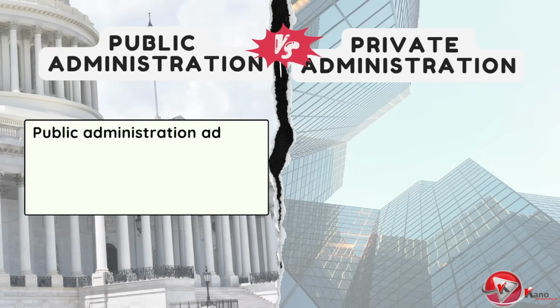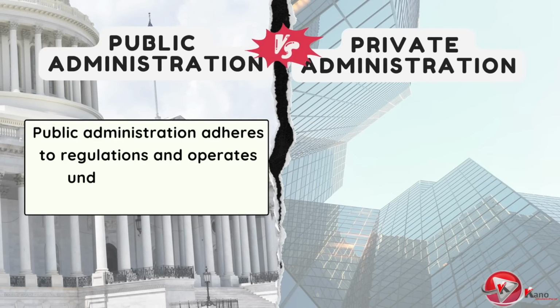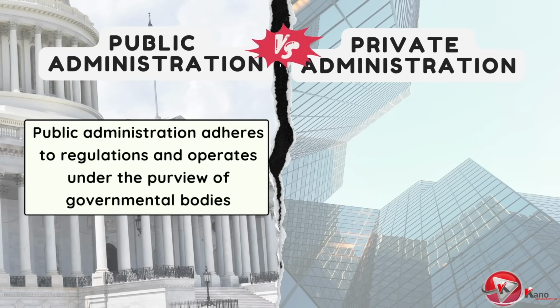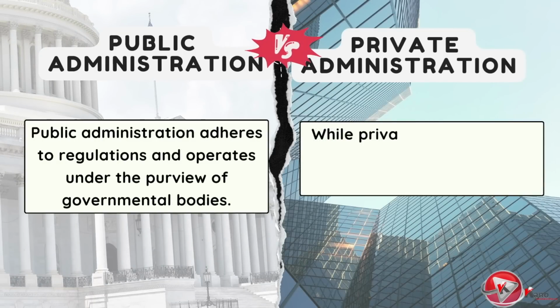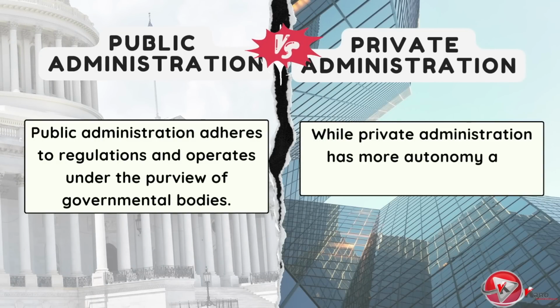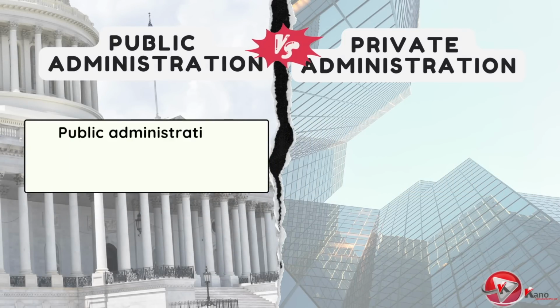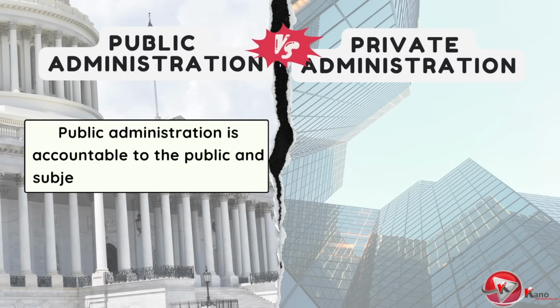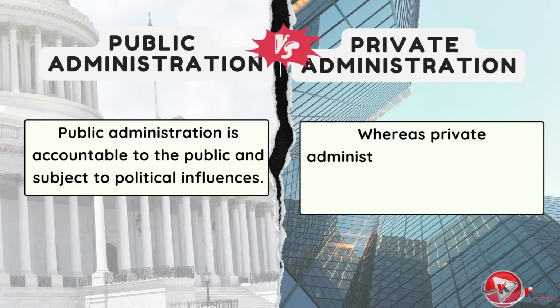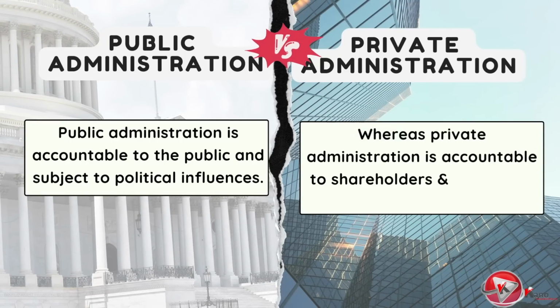Public administration adheres to regulations and operates under the purview of governmental bodies, while private administration has more autonomy and engages in self-regulation. Public administration is accountable to the public and subject to political influences, whereas private administration is accountable to shareholders and influenced by market competition.